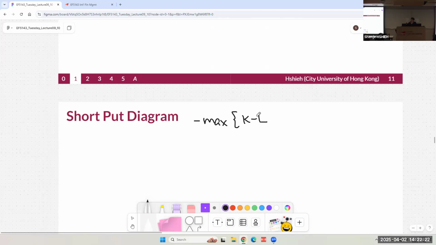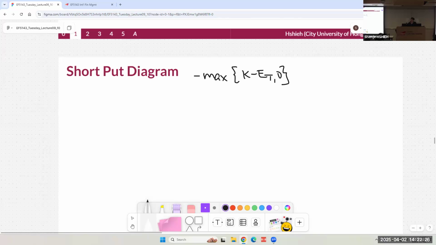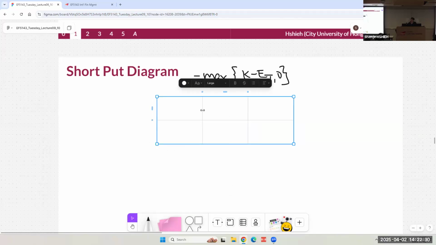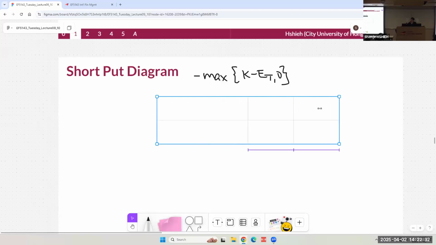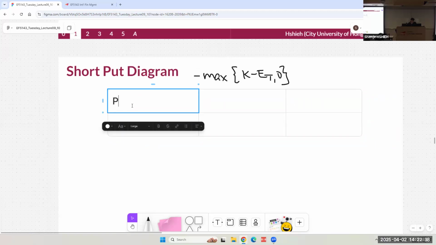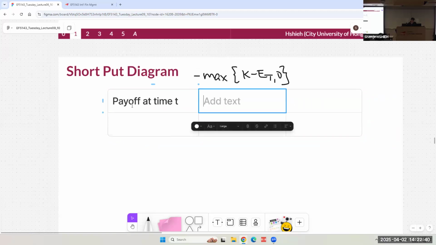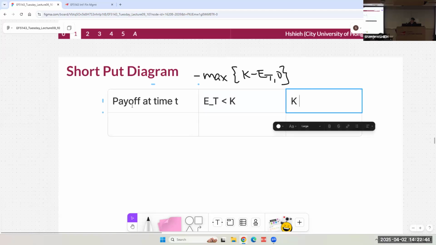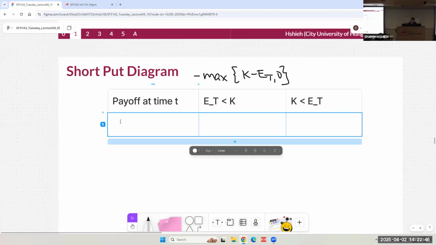K minus E_T, 0. E_T less than K and K is less than E_T.